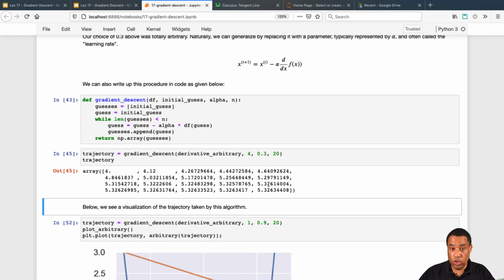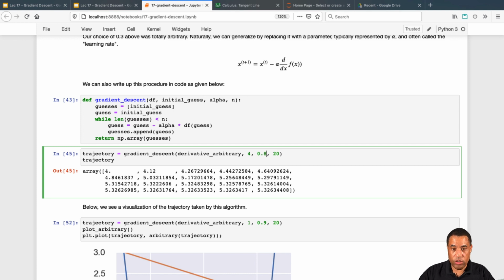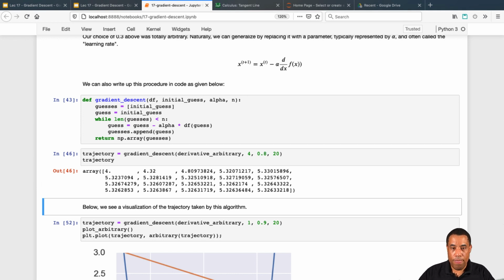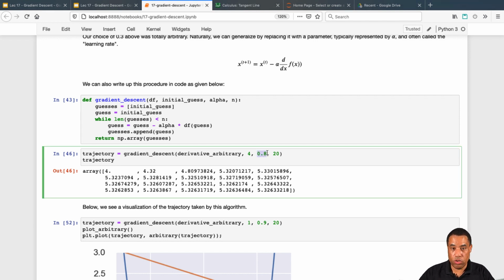We still converge relatively quickly. It takes us a little bit longer to converge. What if we used a value like 0.8? Well, it looks like we're converging much faster, right? We reach 5.32 in just a couple of steps. So maybe we want to try something even larger.